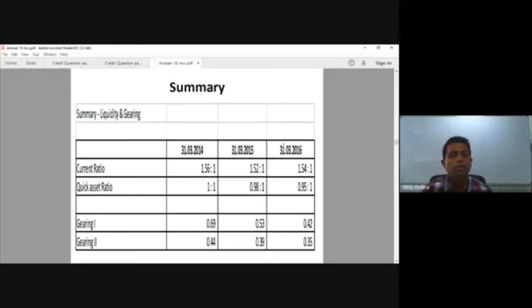Therefore, according to the gearing ratios, we can say this is a low geared company, highly dependent on equity capital rather than debt capital. This is one ratio that we take into account when we decide our lending structuring facilities. Therefore, the bank is in a position to lend to this company because they depend more on equity capital than debt capital. Therefore, there is much room available for the banks to lend. That is a good trend.